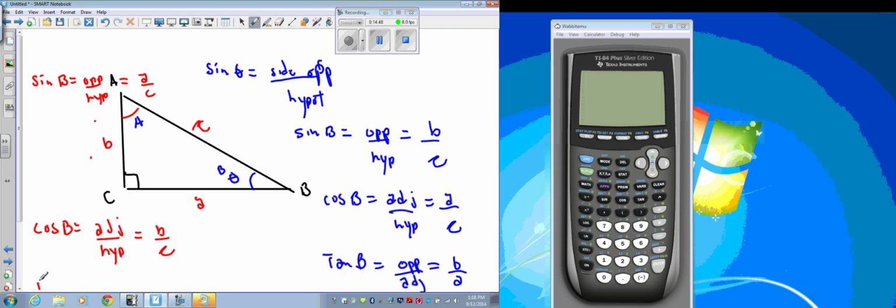And then the tangent at A is opposite over adjacent, and that's a over b.